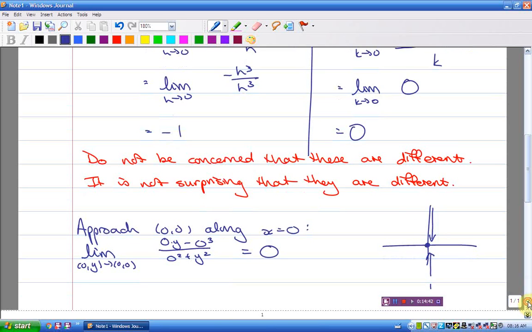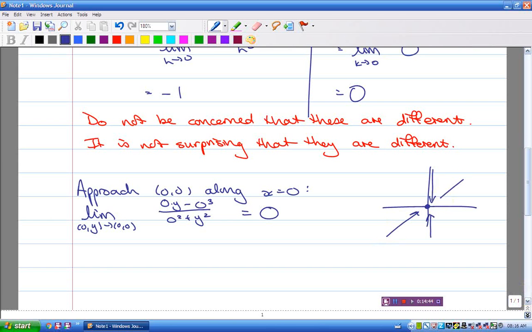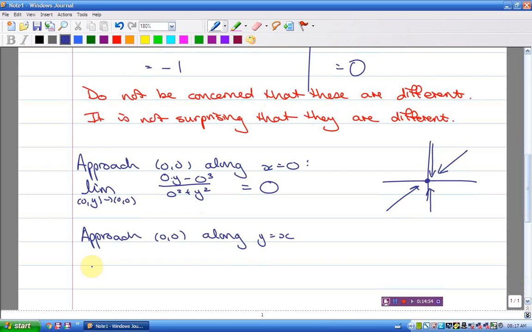I'm going to approach 0, 0 along y equals x. So I'm going to have the limit as x tends to 0, 0. And now I'm going to replace all the y's with x's. And what do I have? I have x squared minus x cubed over x squared plus x squared. Okay, I'm going to divide top and bottom by x squared.